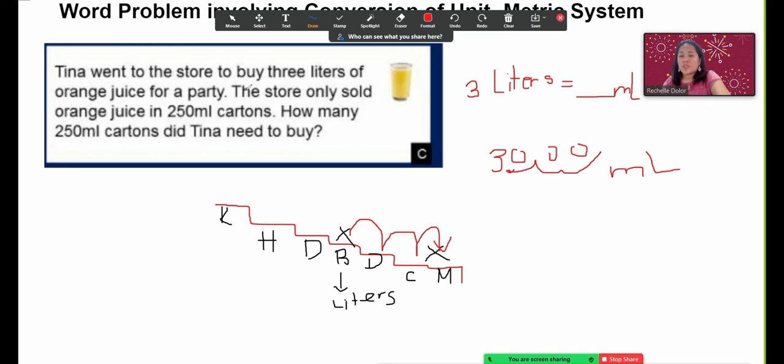So the question is, the store only sold orange juice of 250. So this is one carton for 250, right? So that's what we need to look for. How many 250 cartons are there in 3,000 milliliters? So 3,000 divided by 250.